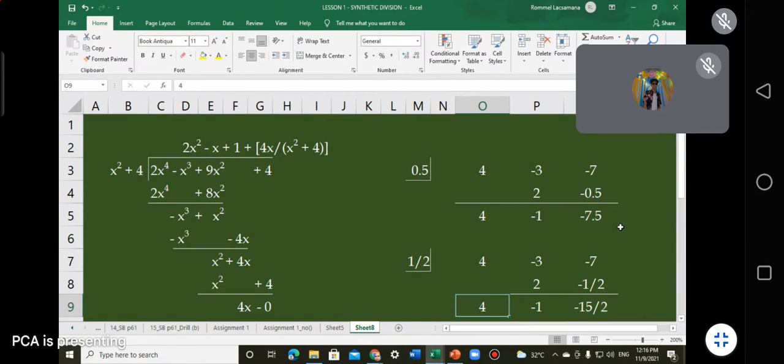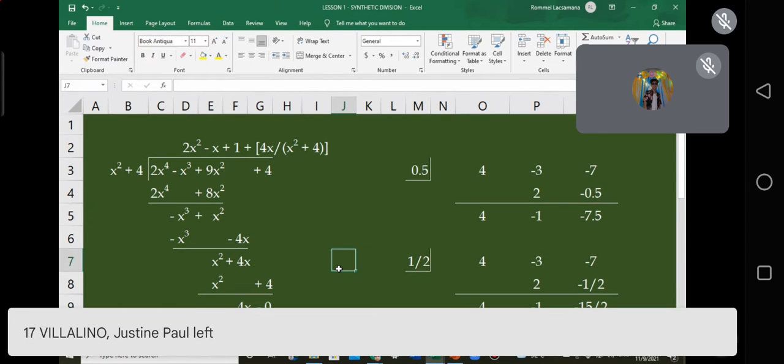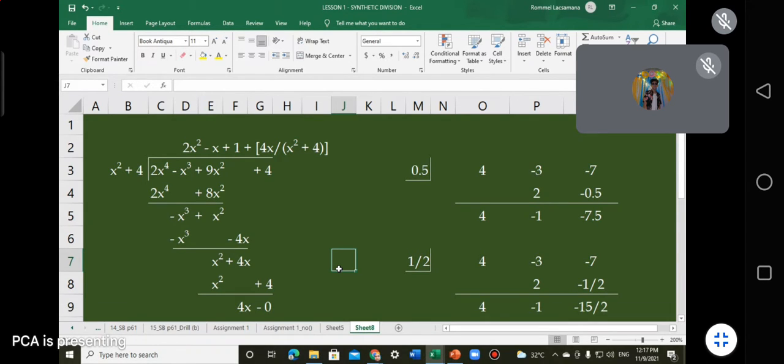Can we use synthetic division here? Why or why not? Open your mic. Again, it says synthetic division is the shortest way to answer your polynomials if it involves division, no?